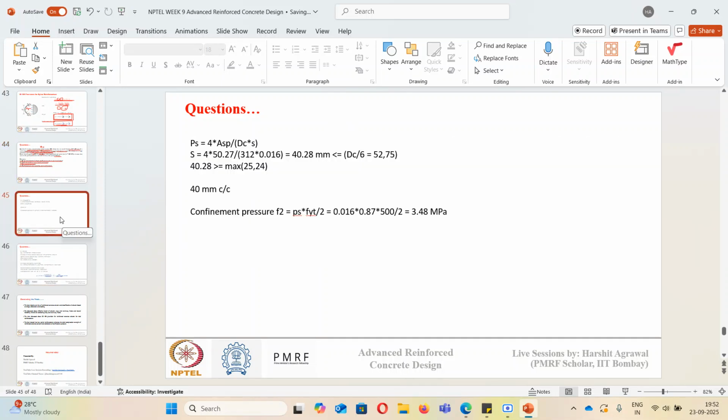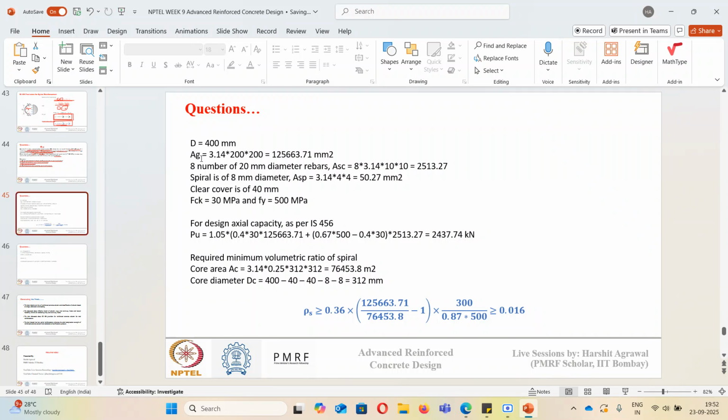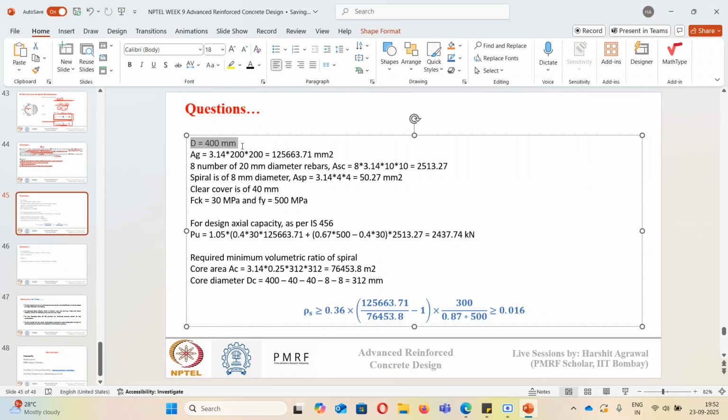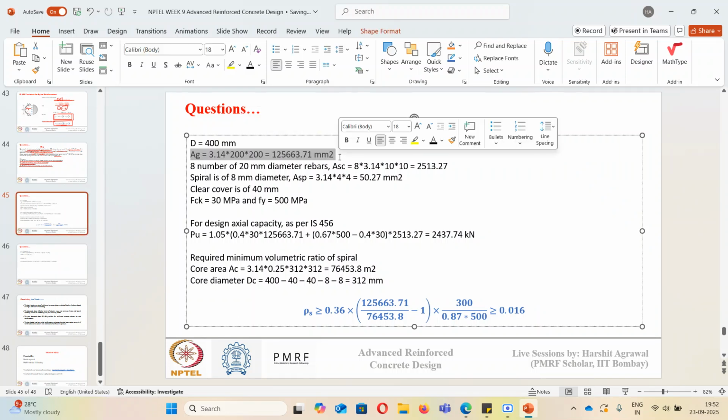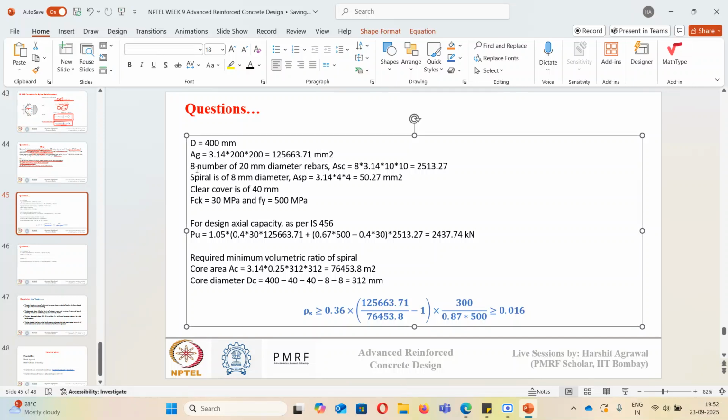Any doubt in any part of the calculation here? First we know the total diameter, from that we got the gross area. We know the number of rebars, so we got the area of steel reinforcement. We got the area of spiral reinforcement. We know the clear cover, and we know the FCK and FY value. So we calculated the design compressive strength of column.